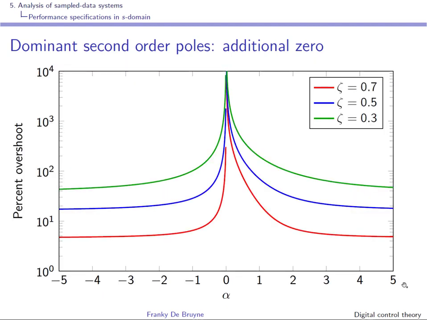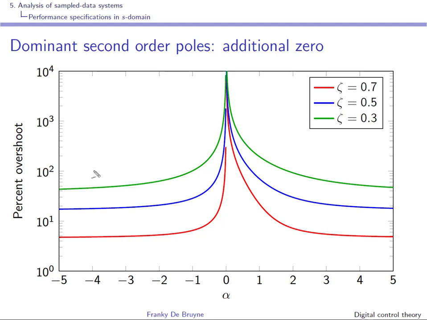So what you see here is the influence of the additional zero on the overshoot. We consider three situations: zeta 0.3, zeta 0.5, and zeta 0.7, with the respective colors.